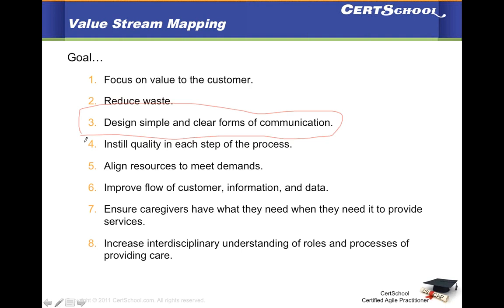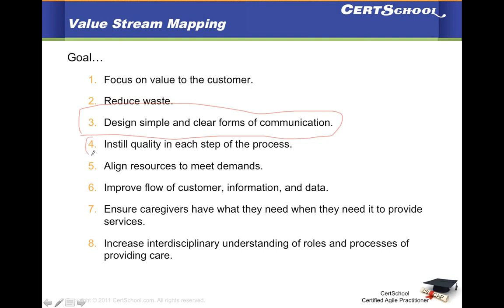The moment it starts getting complicated, with too many communication channels, there's too much that can go wrong. So you want to stick to a very simple design and clear form of communication. That is another goal of value stream mapping.